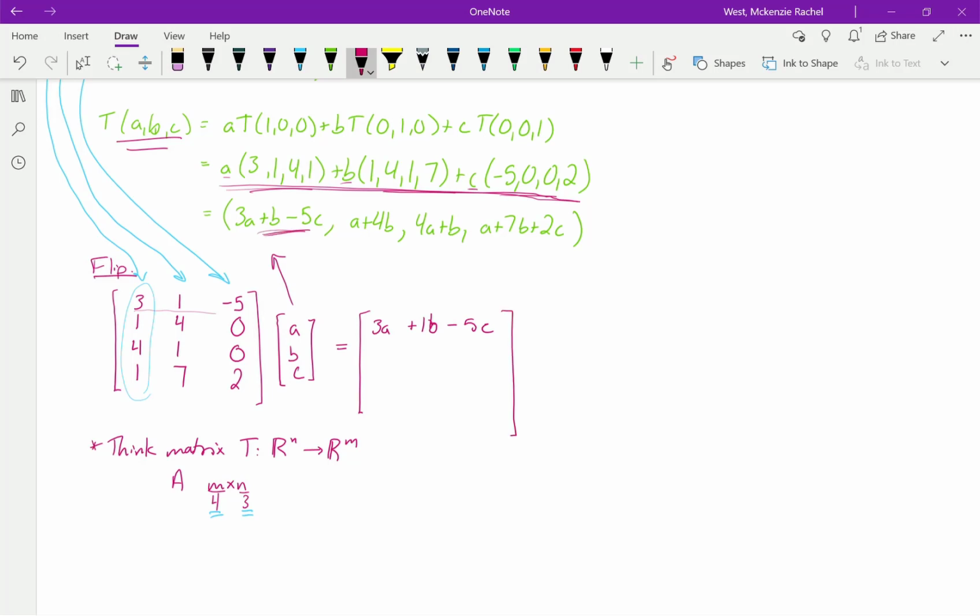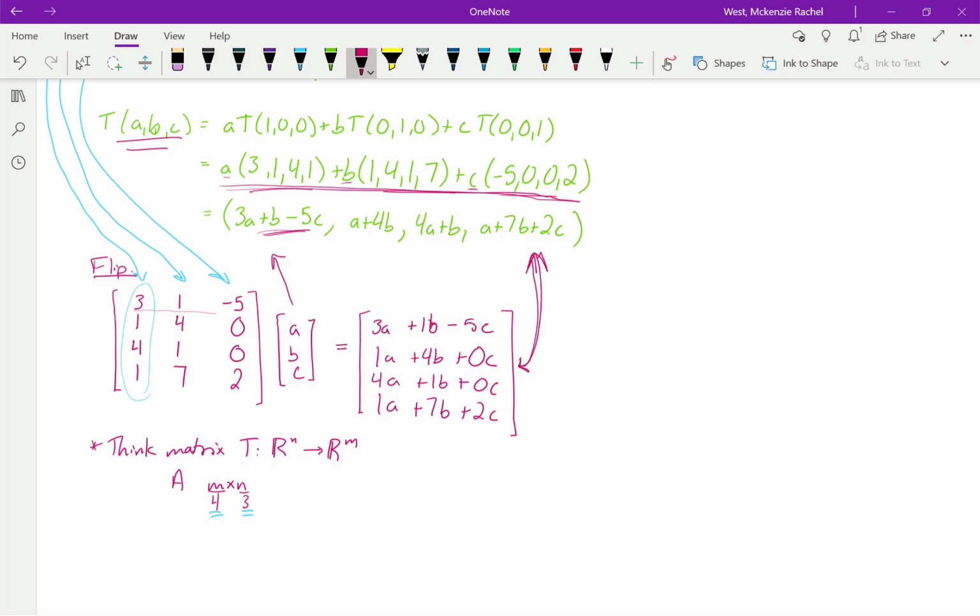Similarly, the second entry we get 1a plus 4b plus 0c, then 4a plus 1b plus 0c, and 1a plus 7b plus 2c.